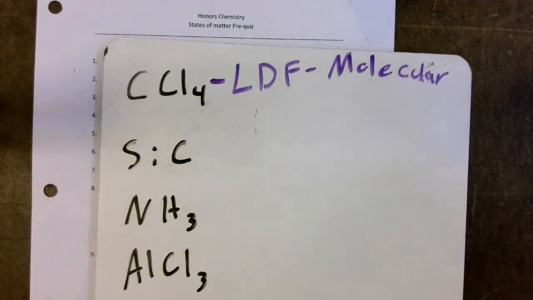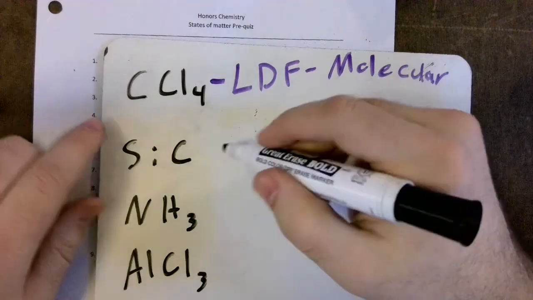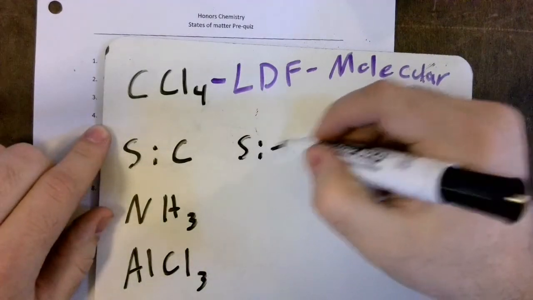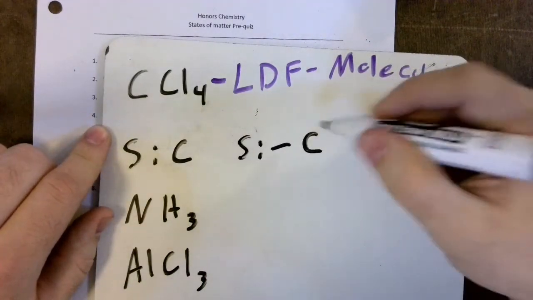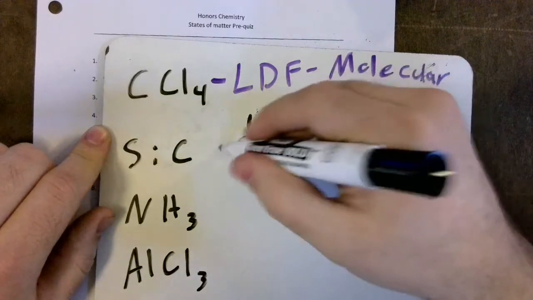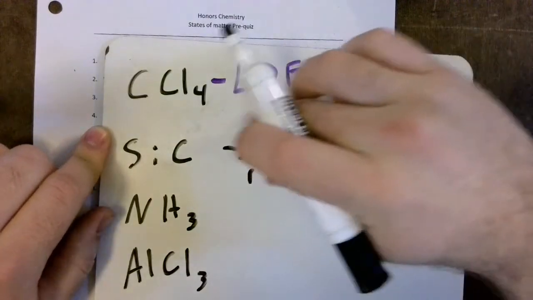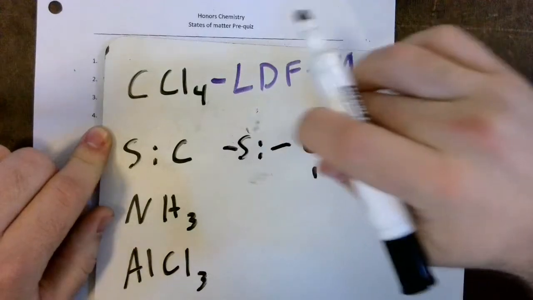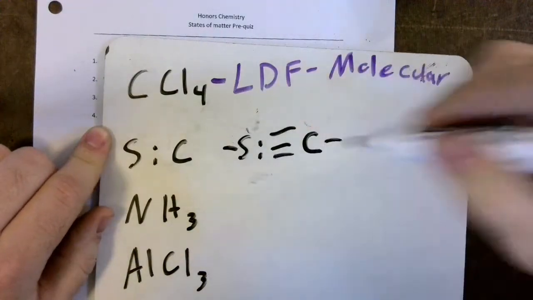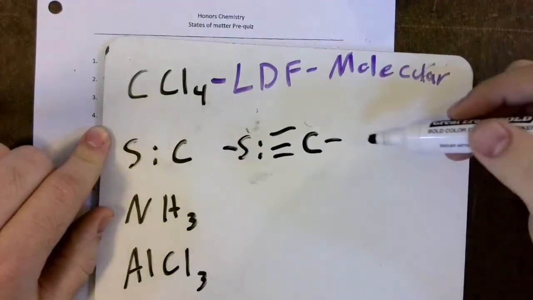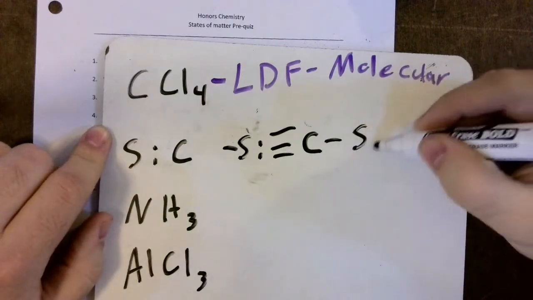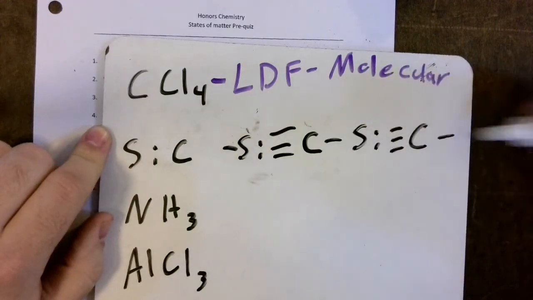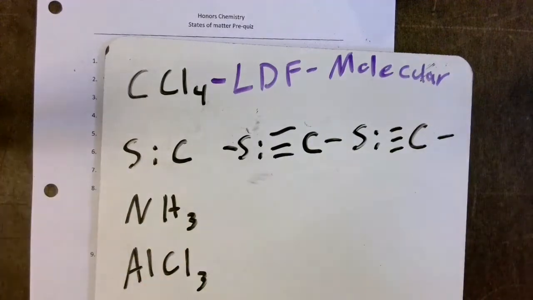All right, then how about silicon and carbon? Both of these are going to have 4 available bonds. So even if each one triple bonded, I still have 1 bond left over. So obviously this is going to have to continue. I could even have something like this, and it would just go over and over and over again.